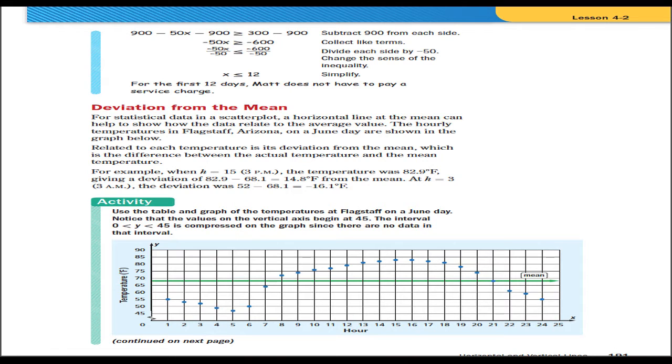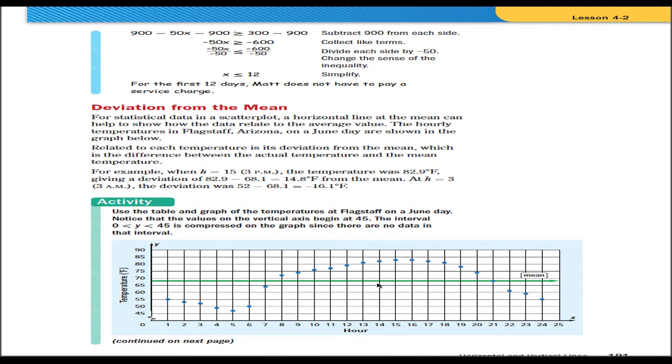So we find that the mean is 68.1 degrees, and we can then determine deviation. At 3 p.m., the temperature was 82.9 degrees, so the deviation was 14.8 degrees. At 3 a.m., it was 52 degrees, so the deviation was 52 minus 68.1, a negative 16.1 degrees Fahrenheit.